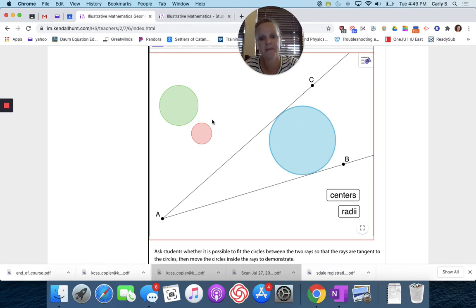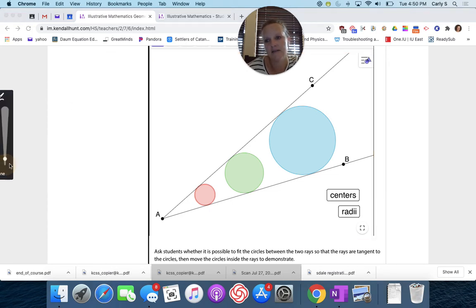Okay, I'm trying to make a circle tangent to the rays of that angle. Cool. All right, now I can't draw on this. I mean, I can, but it won't stay.